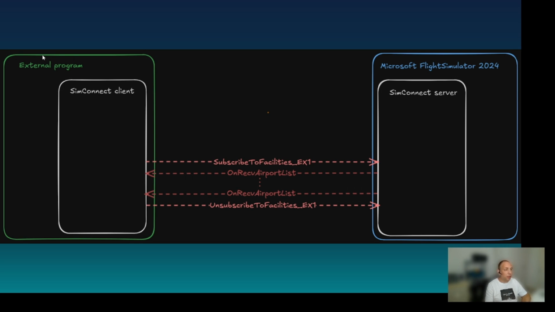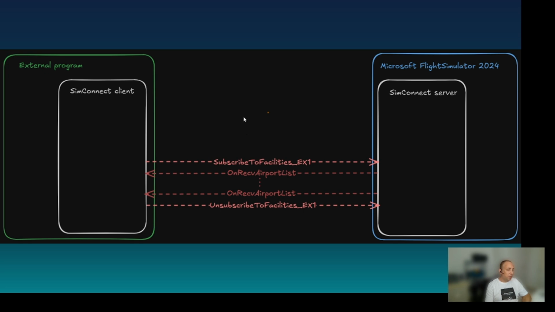Which should look familiar. We still have the external program that runs our SimConnect client, and we have Flight Simulator 2024, which runs our SimConnect server. And this image actually assumes that you're already connected to the SimConnect server.